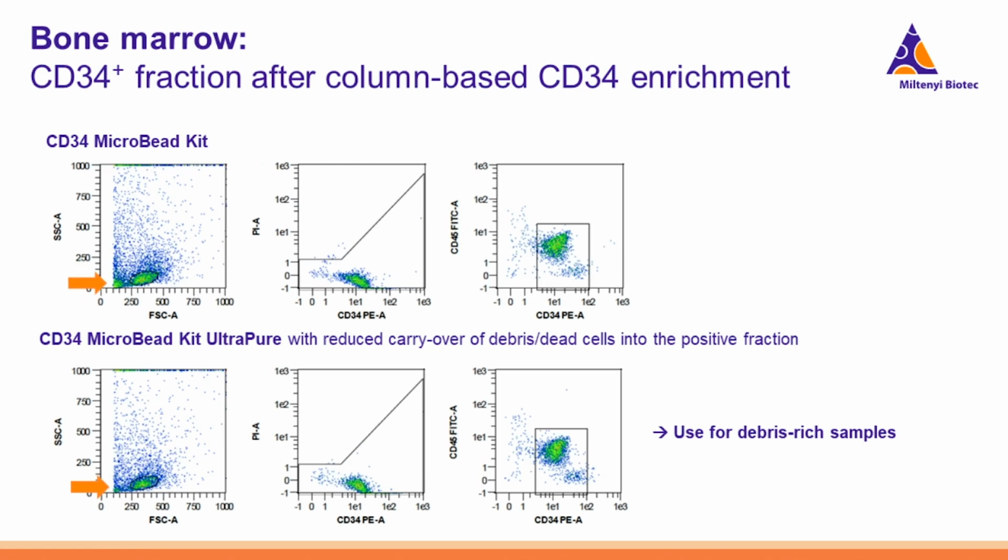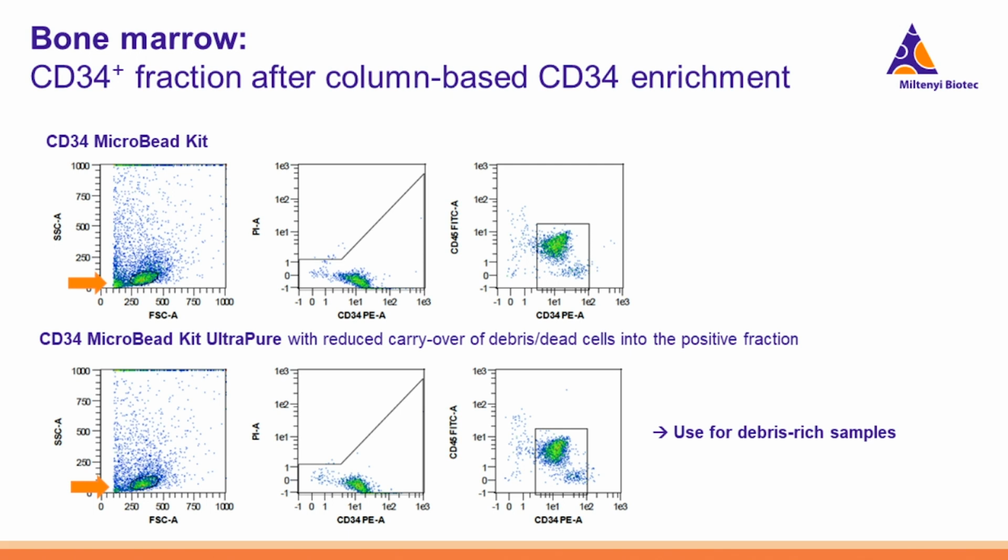Here you see an example for CD34 separation from a bone marrow sample. The separation was again performed either with the CD34 microbead kit on the top or the CD34 microbead kit UltraPure on the bottom. In general, CD34 plus frequencies are higher in bone marrow than in PBMCs.